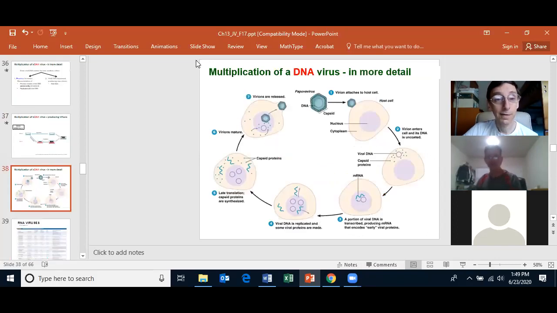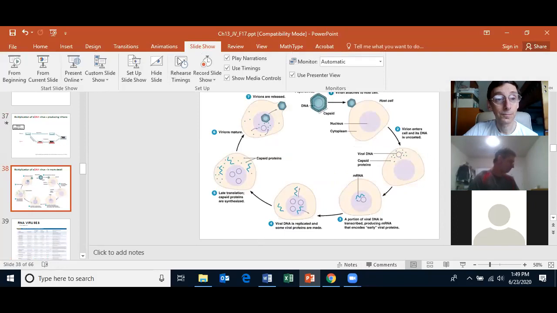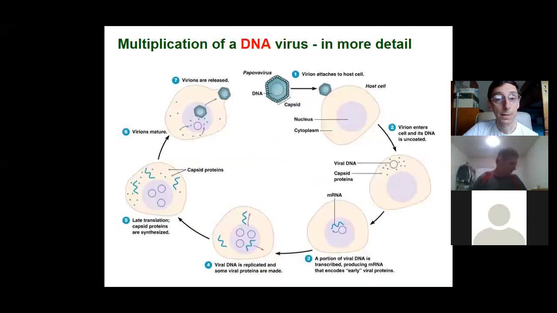So let's look at this slide. In general, this is a lytic life cycle. The virus infects the cell, and first it attaches to the cell membrane, and then the virus is brought into the cell either by endocytosis, or, if it has an envelope, by fusion of the envelope's membrane with the cell membrane.